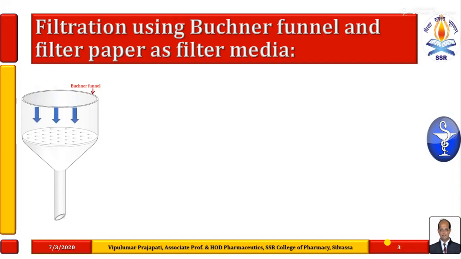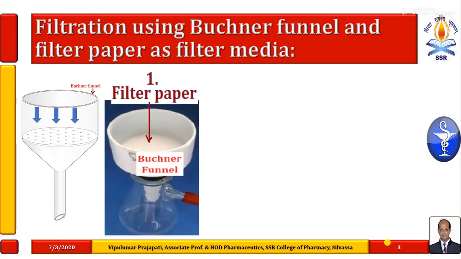When we look from the top, we have to use the filter paper, and the filter paper is required to be cut according to the internal diameter of this perforated base of Buckner funnel, and it will be the motion of the liquid which is available in slurry or heterogeneous fluid mixture required to be filtered.